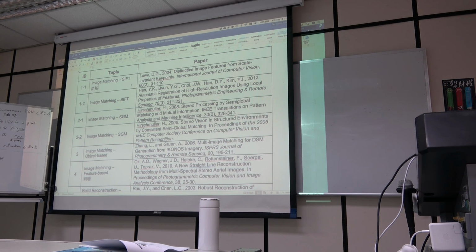Yeah, this is a good choice. Lowe proposed SIFT in 2004, and this solution has been used a lot nowadays. In the past it was not very famous, but nowadays it is.